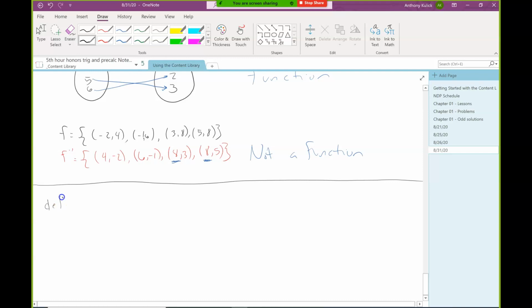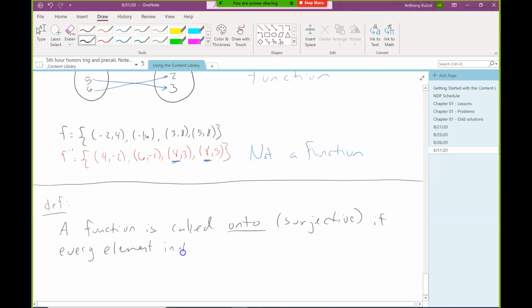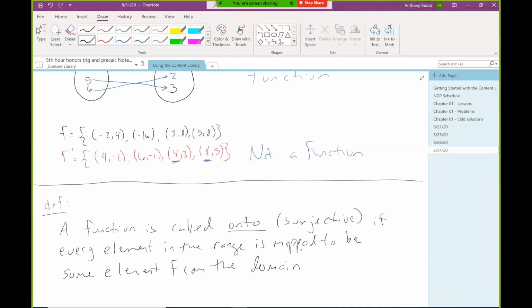So we're going to do a couple of definitions. So we say a function is called onto or surjective.